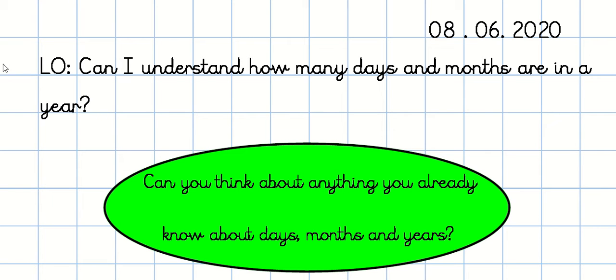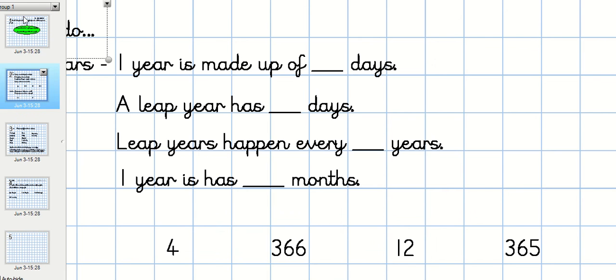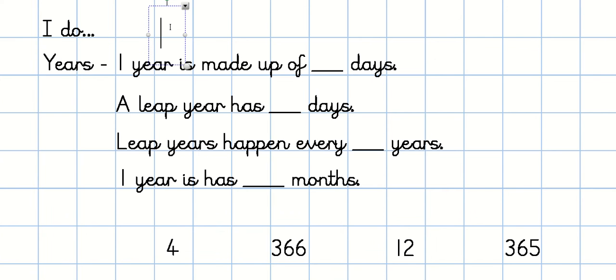Now you've done that, we're going to move on to our learning. So, the first thing we need to do is use these numbers here to fill in and make the statements correct. So 1 year is made up of so many days. So one of these numbers here. A leap year has, again, one of these numbers here, amount of days.